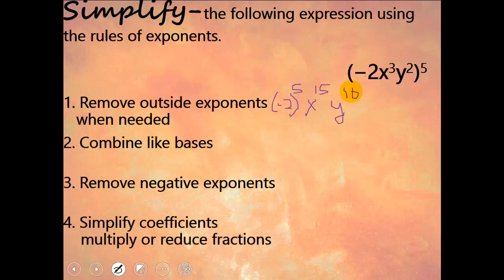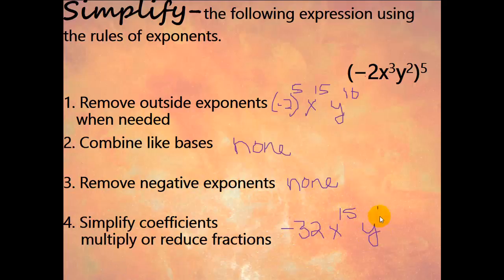Okay, this is a unique base, this is a unique base, this is a unique base. I don't have any like bases to combine. I don't have any negative exponents. So now I just simplify my coefficients. So I get negative 32, x to the 15th, y to the 10th.